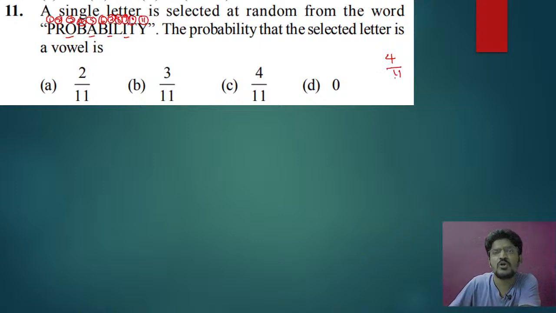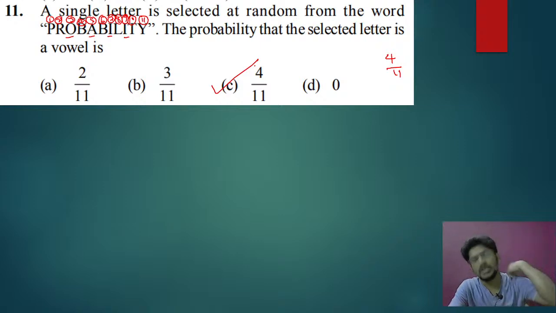So that is 4 by 11. So 4 by 11 is our correct answer. That is option C. My dear students, I think you got the right answer. Clear?